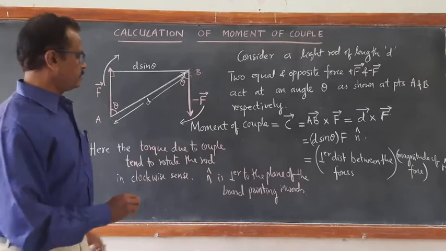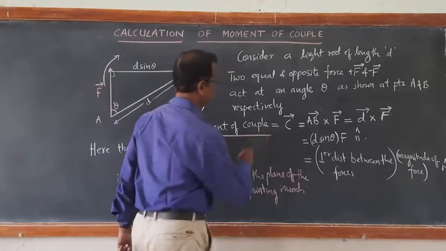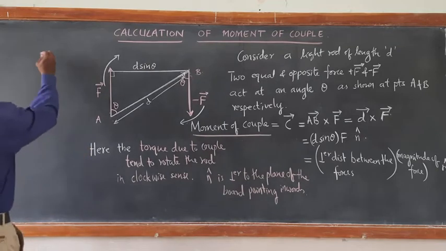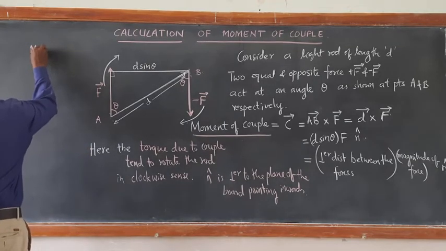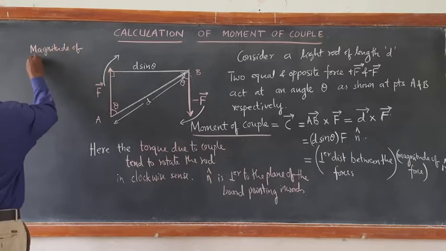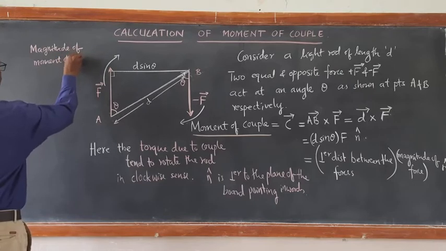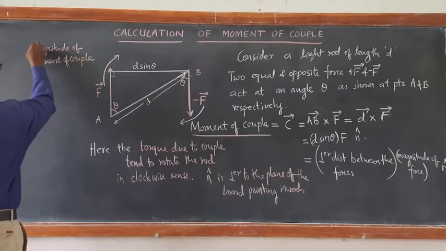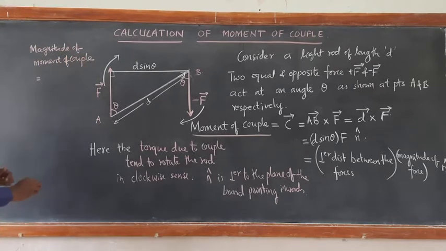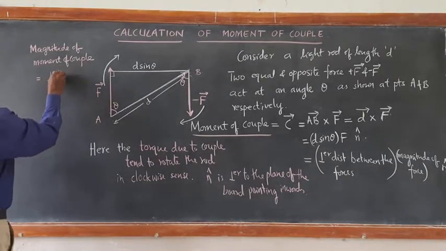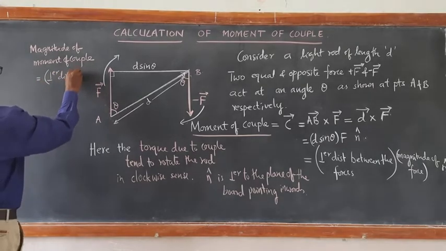So in general, the magnitude of moment of couple is now defined as the perpendicular distance multiplied by the magnitude of force.